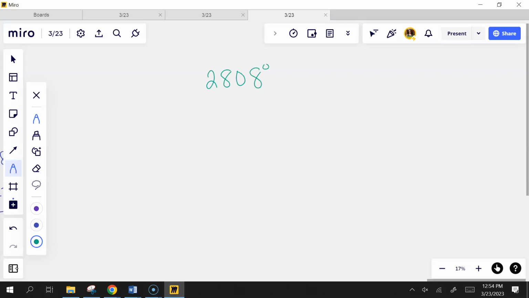A merry-go-round rotates 2,808 degrees per ride. Wait, how does that happen? It loops around that many times, right? Until it hits there. All right. How far would a rider seated 8 feet from the center of the merry-go-round travel?